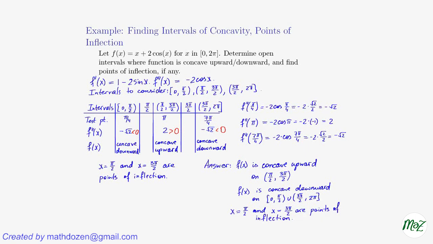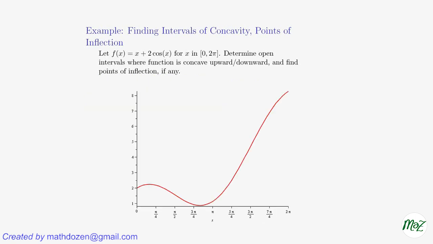In this example, once we're done figuring out what's going on with the graph of the function, so it's concave downward, then concave upward, then concave downward, and pi over 2 and 3 pi over 2 seem to be the points of inflection, let's have a look at the graph of this function x plus 2 cosine x for x between 0 and 2 pi. And remember, pi over 2 and 3 pi over 2 were the points of inflection, and we clearly see on the graph the starting piece looks like a part of an upside down U shape, so it's concave down.